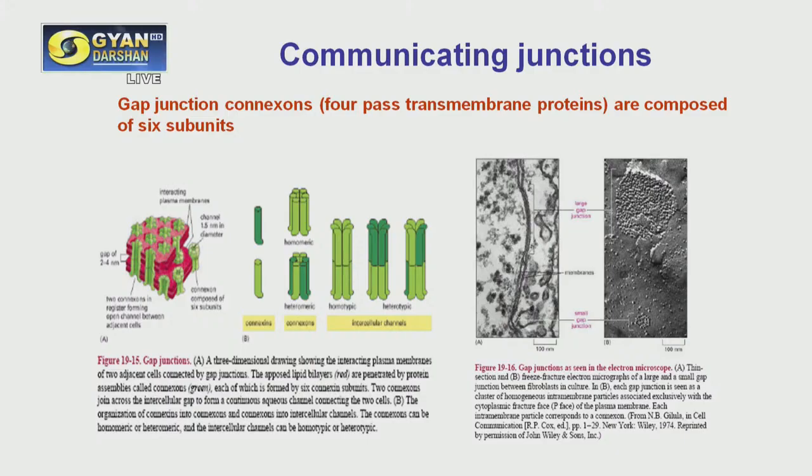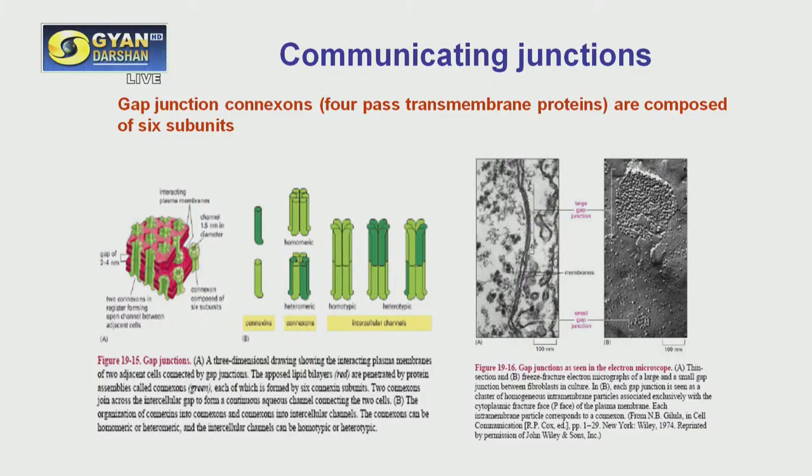And in the diagram you can see the one shown in green, with three different kinds of patterns. One is totally light green, one is a light green and deep green combination. What does it mean? It means that the subunits can be of the same type, like all light green means they are similar type. 6 subunits are identical.